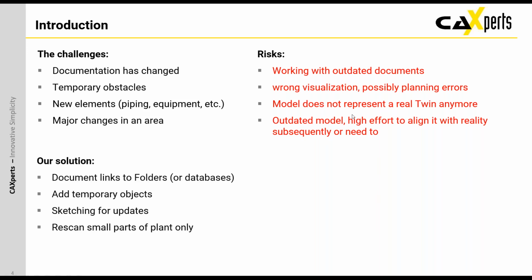So what is our solution? You can basically use document links to folders or databases dynamically, and that way integrate the up-to-date documents not into UPV itself, but as a link to your external source, which is hopefully always kept up to date.